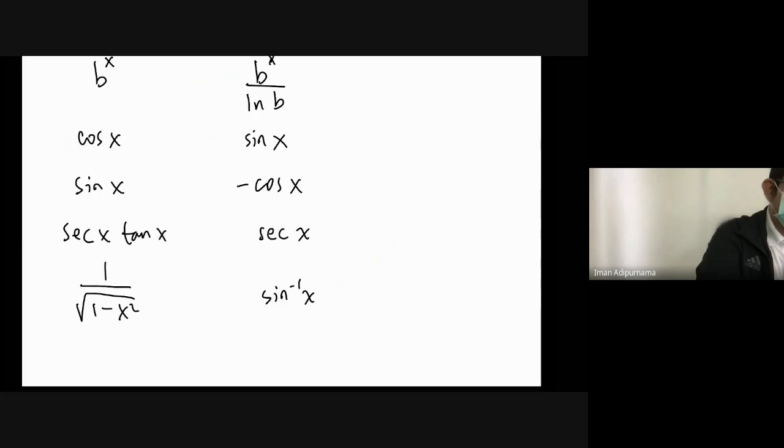This is cos x, sine x, and sine x, negative cos x, secant squared x, tangent x, secant x tan x, secant x. Okay, I think this is what we have learned, all the functions and derivatives.